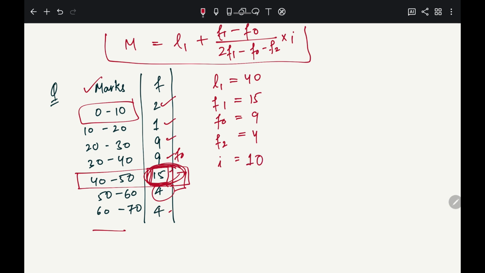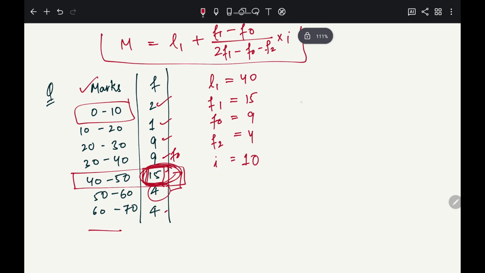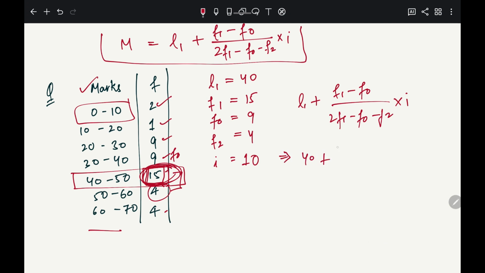So by putting the values into L1 plus (f1 minus f0) upon (2f1 minus f0 minus f2) into I, we have L1 as 40 plus f1 15 minus f0 9 upon 2 into 15 minus 9 minus 4, into 10.